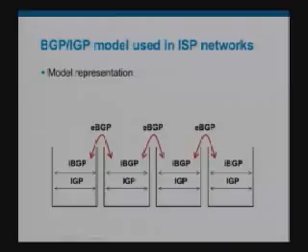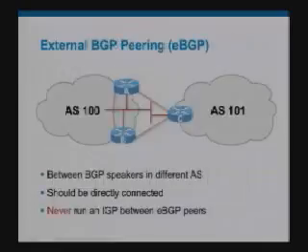We have iBGP, where your customer prefixes, your hosting LANs, and all this other kind of stuff will go into your iBGP. And then external BGP is used to distribute prefixes from your autonomous system to the neighboring autonomous system. So that's why I've drawn the model like this, where eBGP is a link between the two adjacent networks.